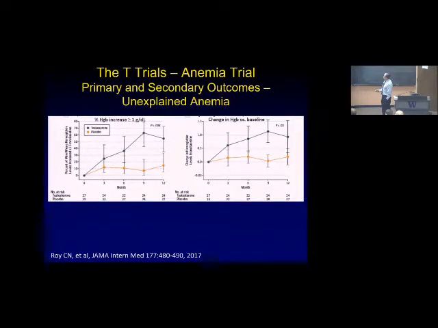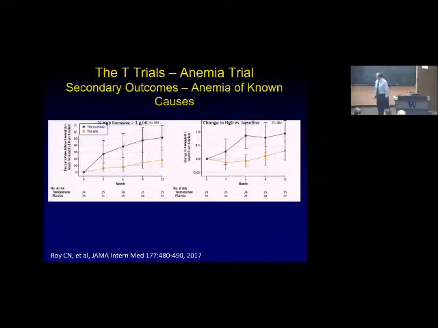Okay, and in these individuals, testosterone treatment increased the percentage of individuals that improved their hemoglobin by greater than or equal to 1, and it also increased the absolute amount of hemoglobin versus baseline compared to placebo. The same occurred in anemia of known causes.